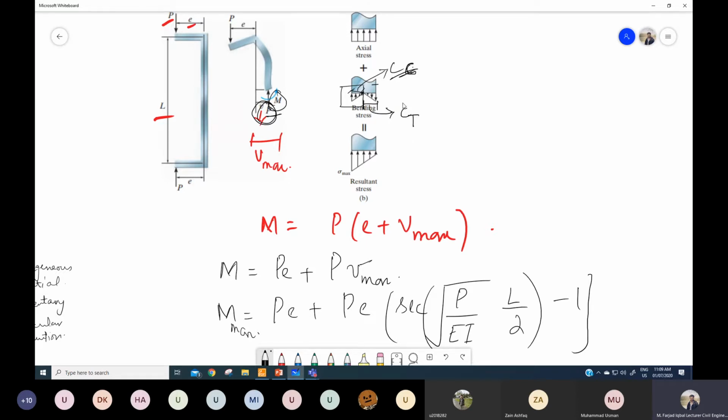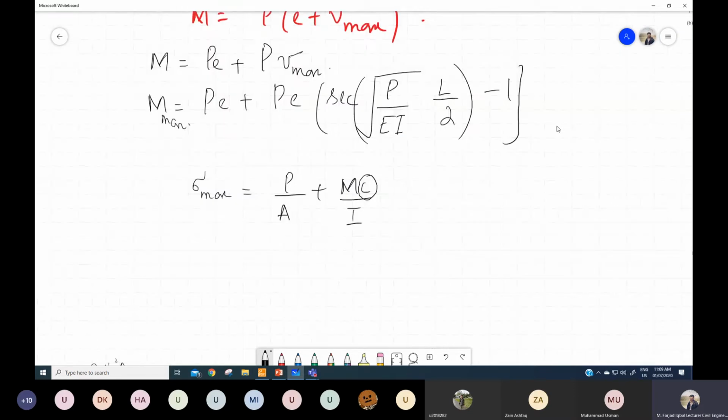But just for the sake of knowledge, you should know that if the C distance on the tension side is greater than the C distance on the compressive side, then you have to use the negative sign over here, because this stress will be in tension, opposite to the compressive axial stress.